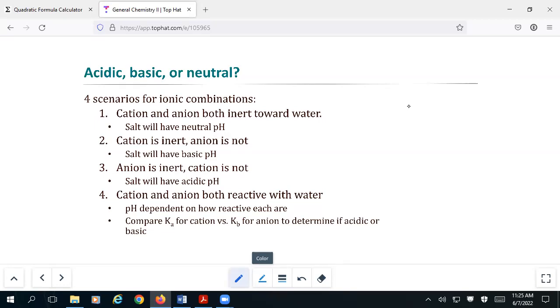Second scenario, we have a cation that's inert, but an anion that is not. Since the anion is basic, the salt should be basic as well. We could have a situation where we have a cation that is active, but an anion that is inert. Since cations are acidic, the salt would be acidic as well.